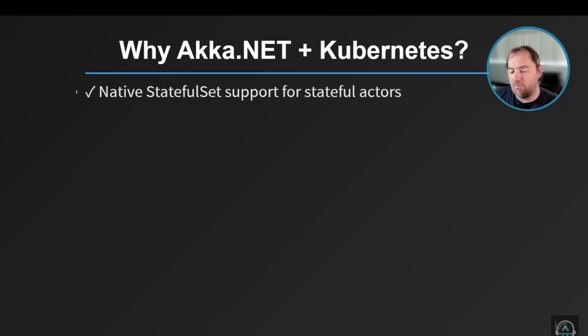StatefulSets do a couple of useful things that reason about that very well. For instance, they make sure that every node in the StatefulSet has a stable, reusable identity. That's really useful for things like partitioning based off of a node's domain name or whatever. They also make sure that when you do an update to a StatefulSet, it's going to replace the nodes one at a time, which is, again, also useful for stateful nodes.